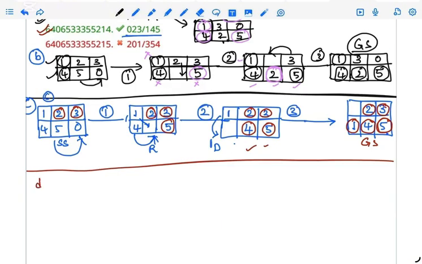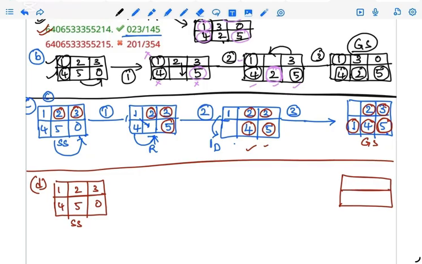Option D, let us check the fourth option also. And the starting state is here. Start state is 1, 2, 3, 4, 5, 0. And the goal state in the option given is 2, 0, 1, that is 2, empty space, 1 and 3, 5, 4.